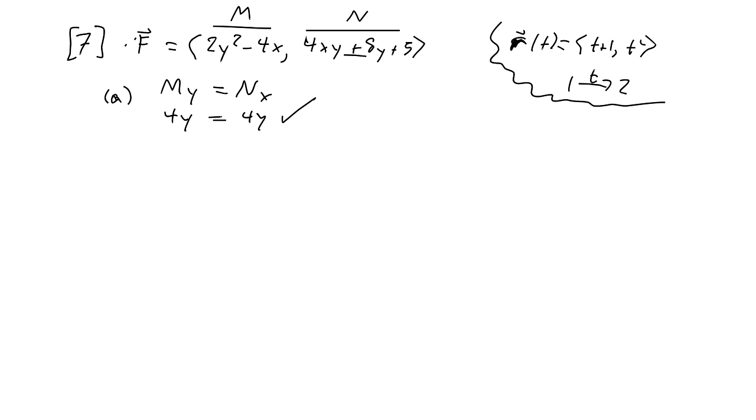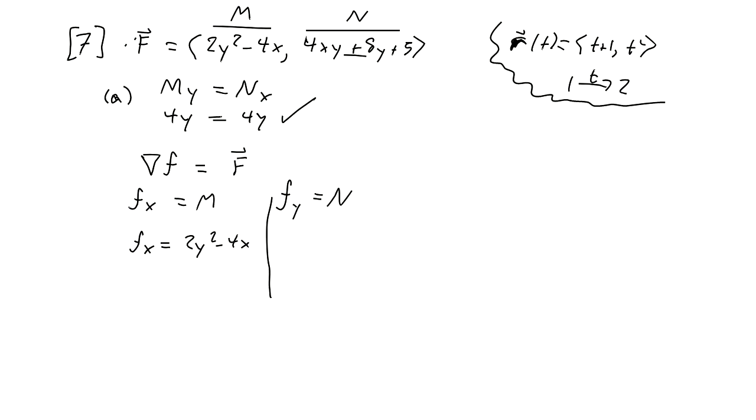Remember, a potential function is a function f so that the gradient of f is equal to the vector field F. So that means that the derivative of f with respect to x has to equal M, and the derivative of f with respect to y has to equal N. So df/dx would have to equal 2y squared minus 4x, and the derivative of f with respect to y would have to equal 4xy plus 8y plus 5.